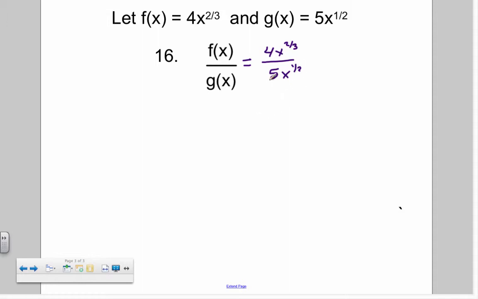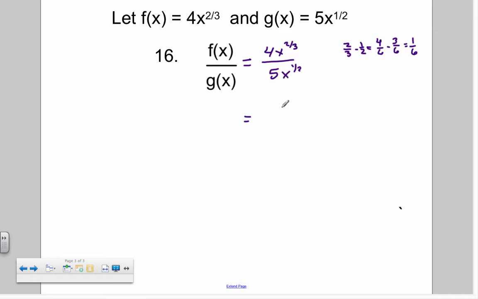If I simplify this, I need to subtract my exponents from my x's because I have like bases. So if I subtract this, I'm going to just kind of do it off to the side here. I'm going to have 2/3 minus 1/2. And I need common denominators, so I'm going to change this to a denominator of 6. And here I'm going to have 4/6 minus 3/6 equals 1/6.